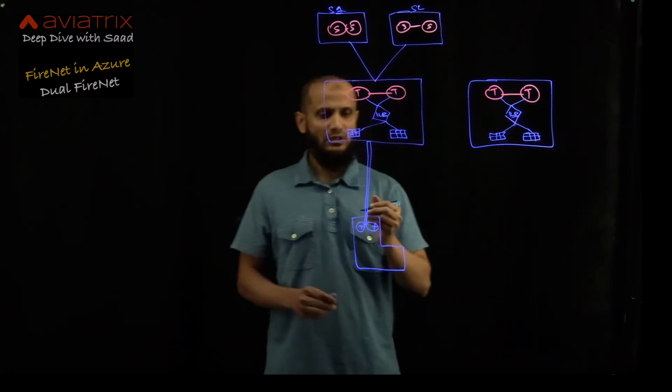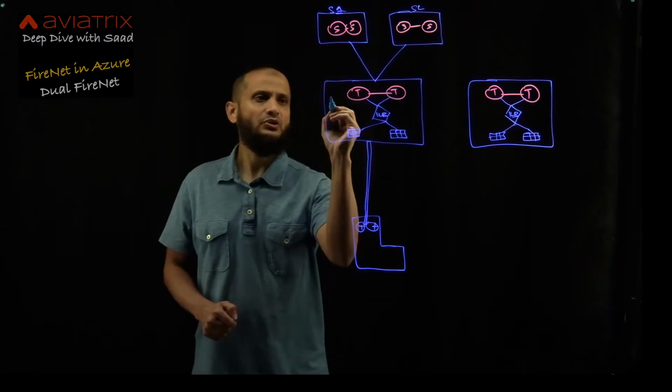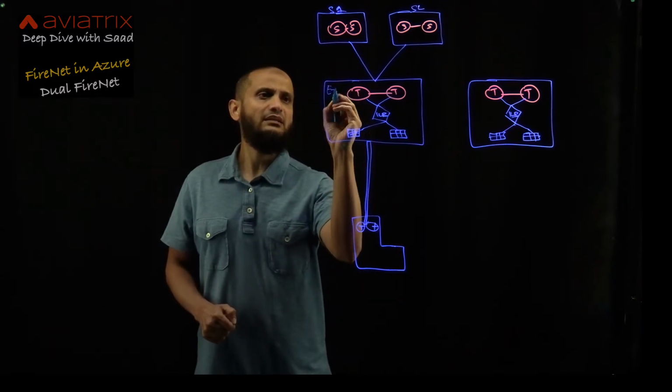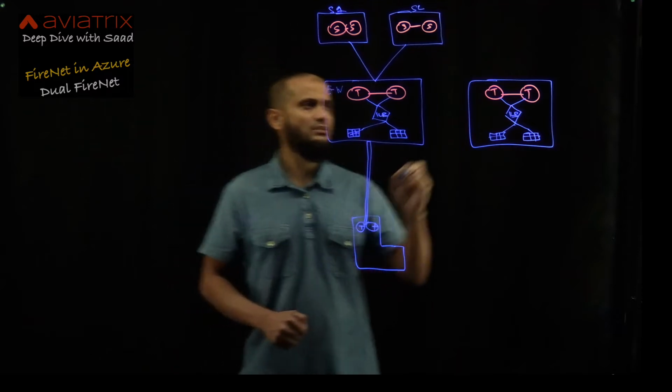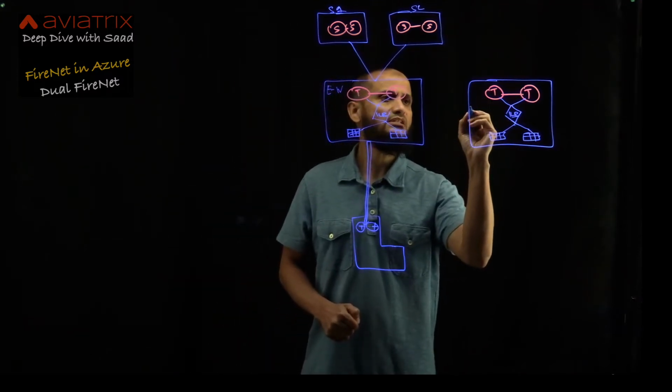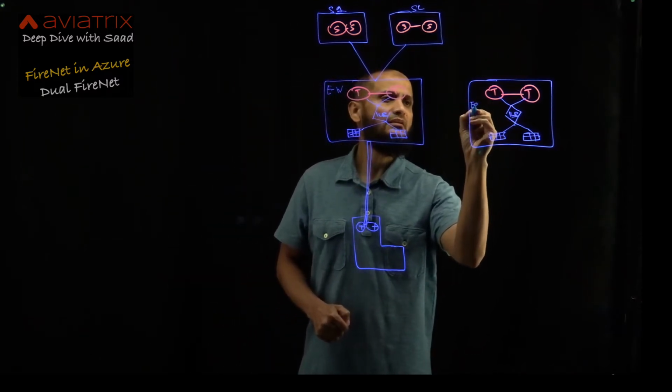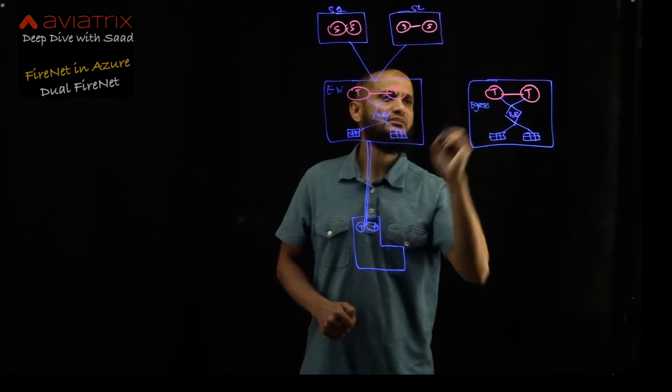Okay, so the first one becomes your east-west. The second one is for your egress.